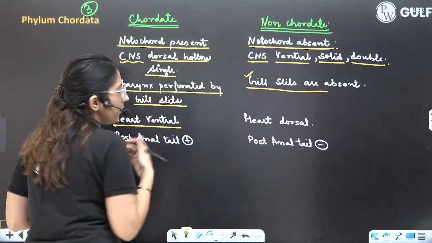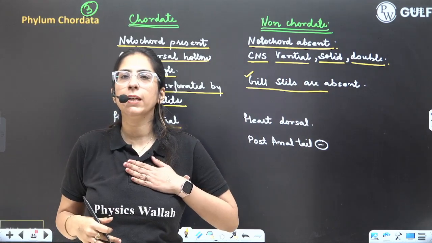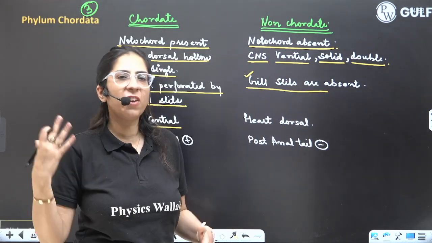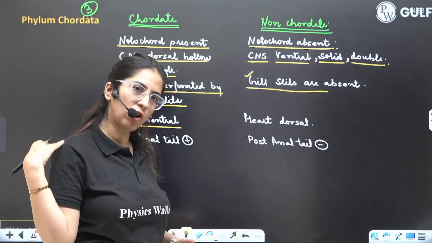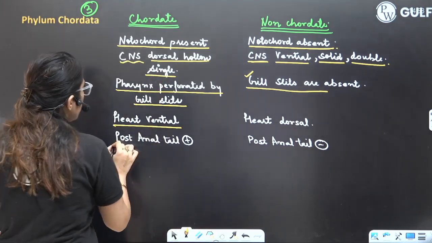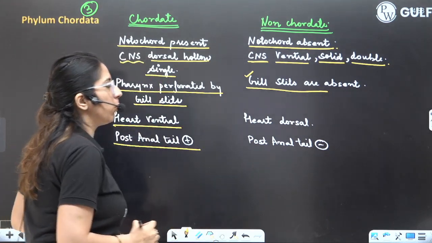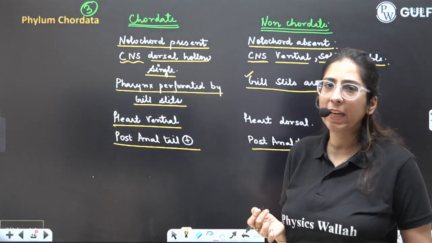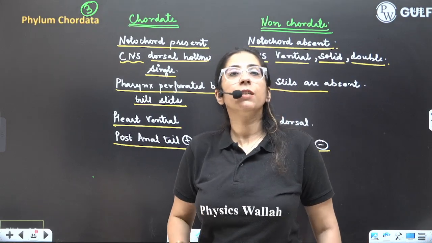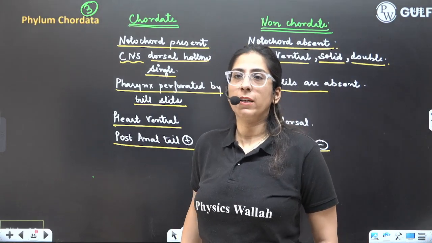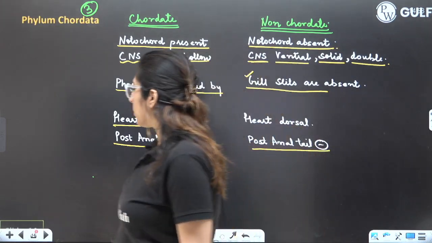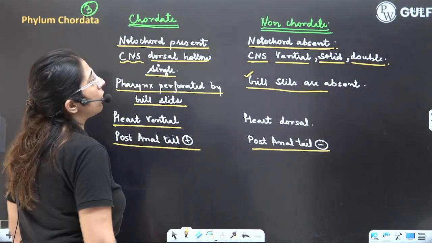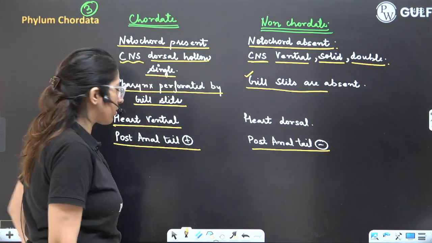Heart is ventral. Where do we have the heart? We have the heart on this side, the ventral side. Whereas non-chordates have a dorsal heart. Post-anal tail is present in chordates and absent in non-chordates. Now you will say, ma'am, we are chordates, but we do not have a tail. Post-anal tail is present in the embryo, in our case. Yes, we also have gill slits in the embryonic stages.